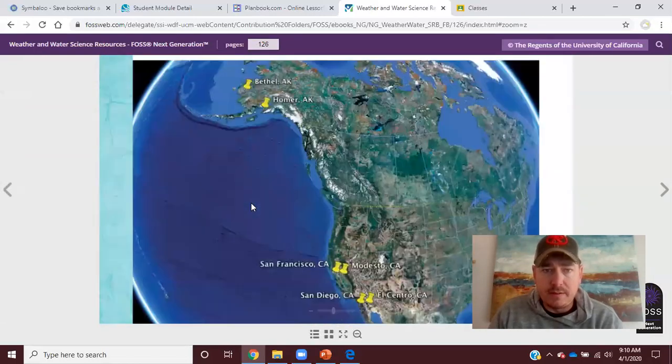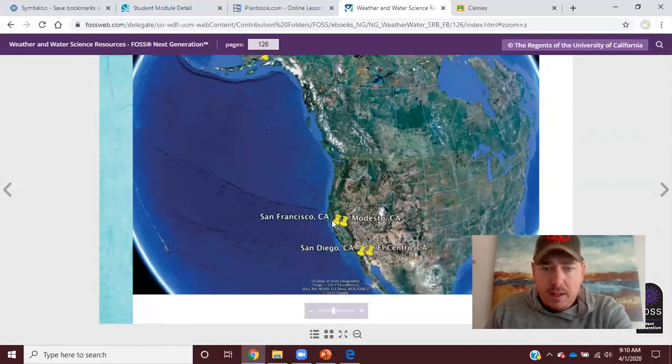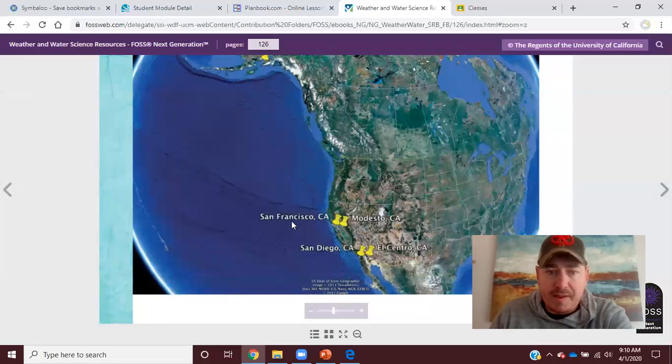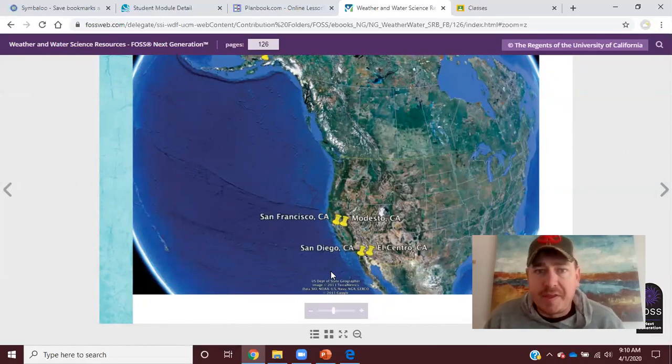Here is the global map of the two Alaska cities, the two Northern California cities, and Southern California cities. So we have Bethel and Homer, Alaska. We have San Francisco and Modesto, California, and then San Diego and El Centro, California.